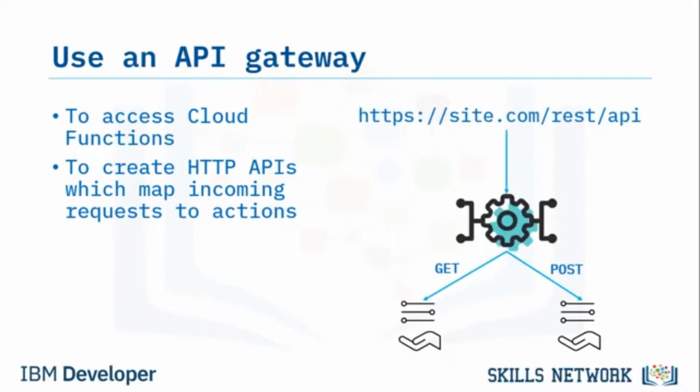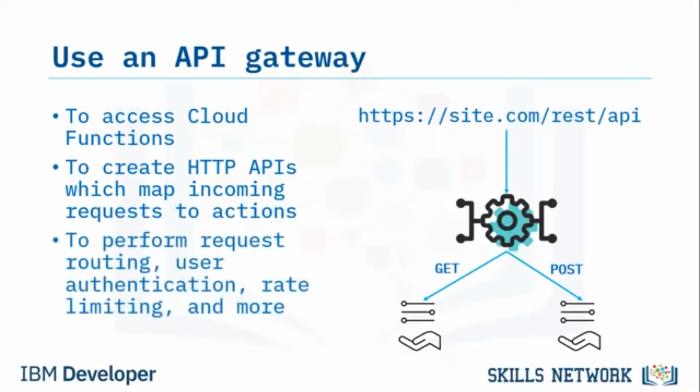The API gateway service then routes the HTTP requests to the appropriate web actions depending on the path or method. The API gateway service also can perform user authentication, rate limiting, and more. You do not need to implement these capabilities within your web actions.